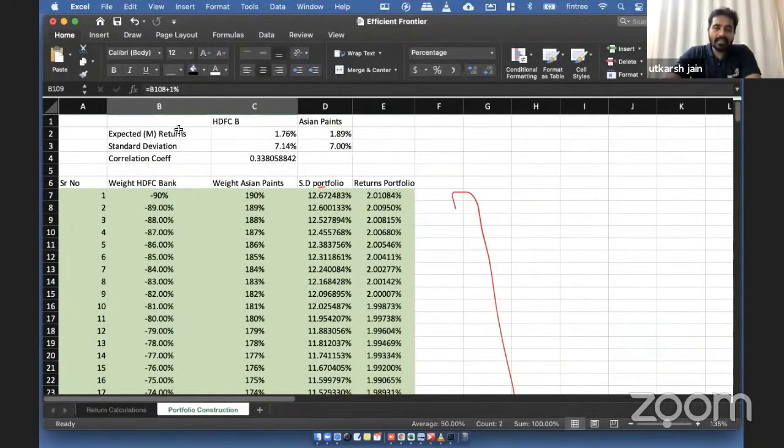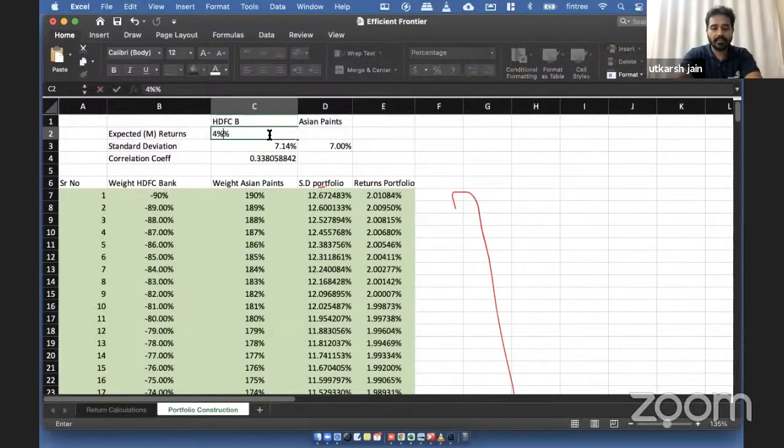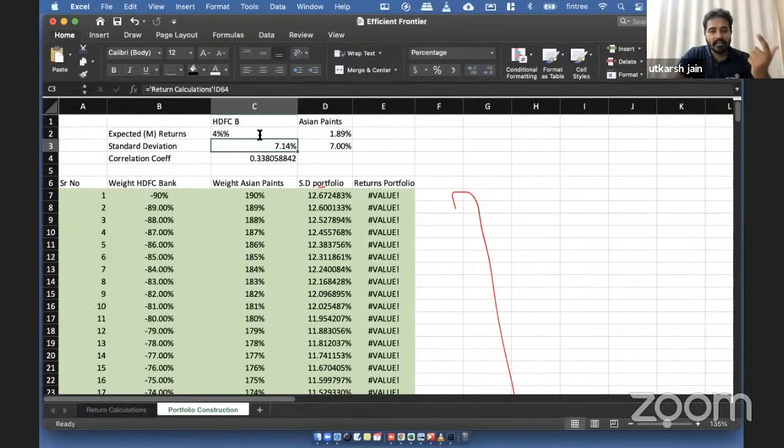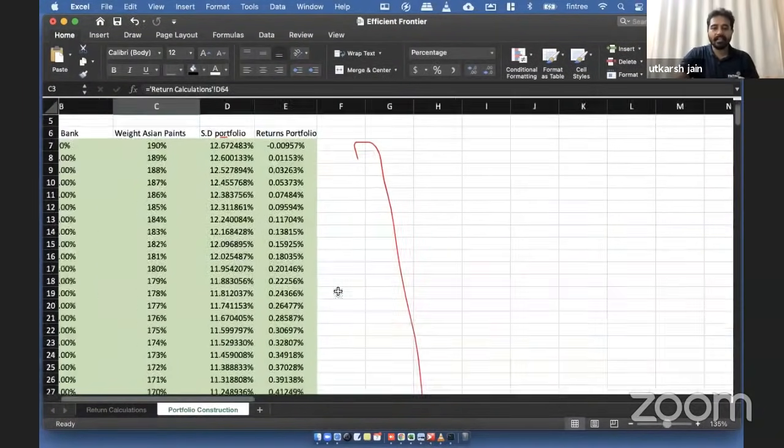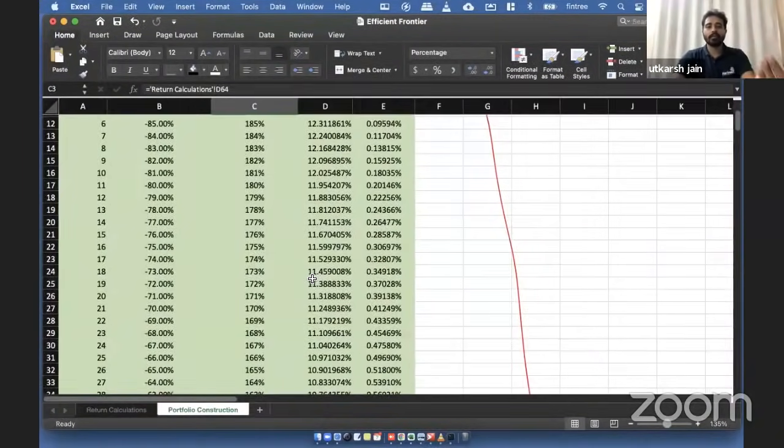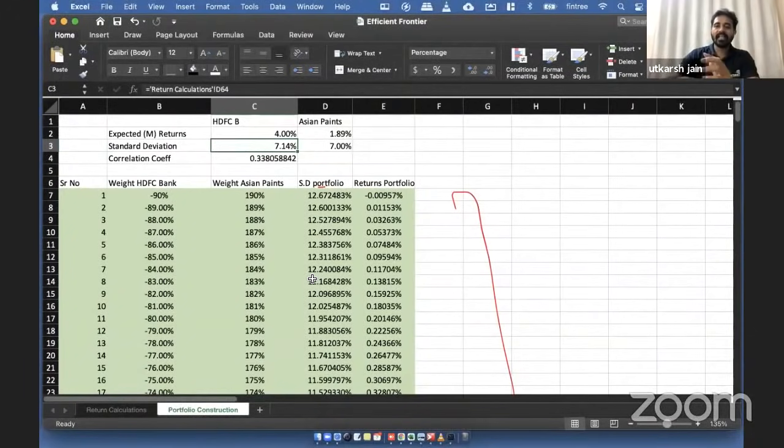And then next day, one analyst in my company comes to me and says, Utkarsh, you have made a wrong assumption with HDFC return. It will not be 1.76, it will be 4%. And the moment I change this one number to 4%, everything in this portfolio is going to change. Everything, including the client's allocation to different asset classes.